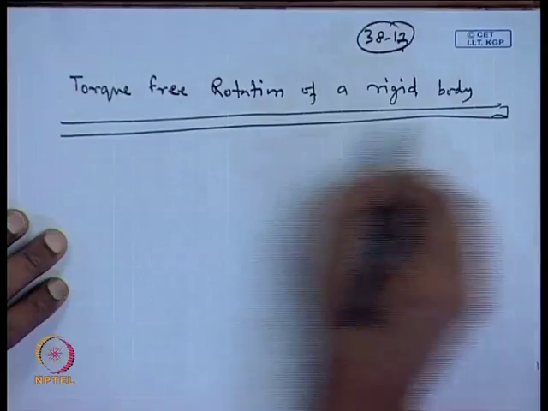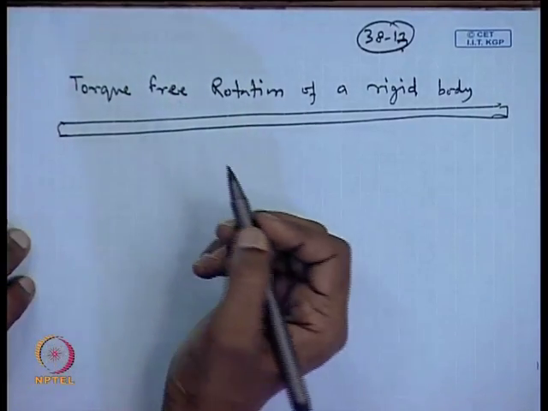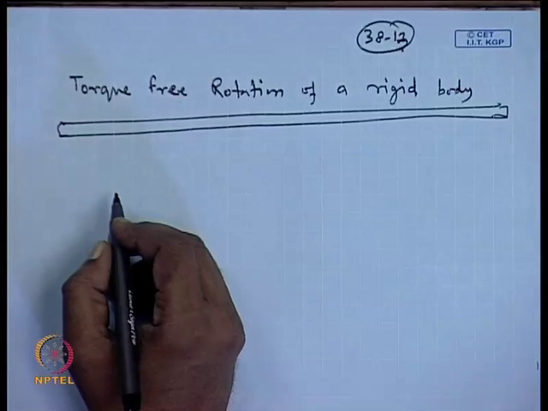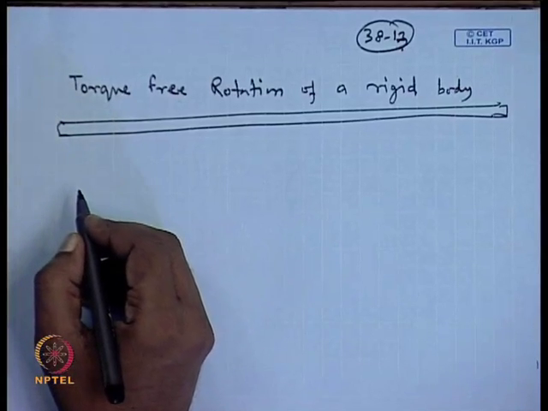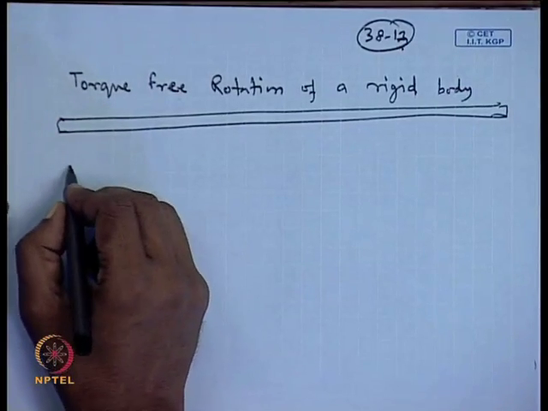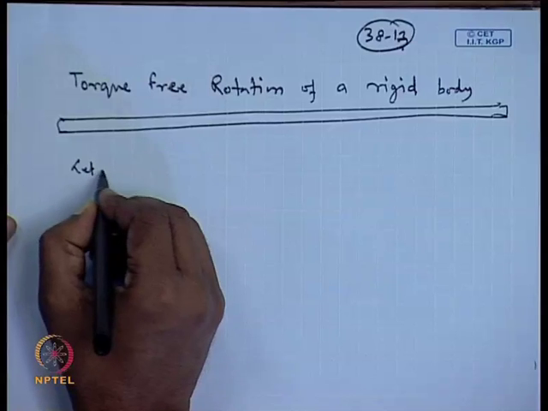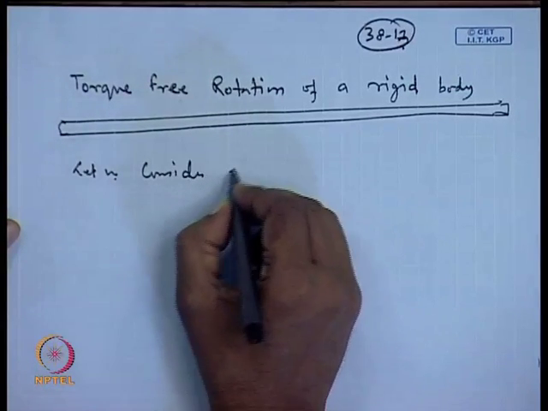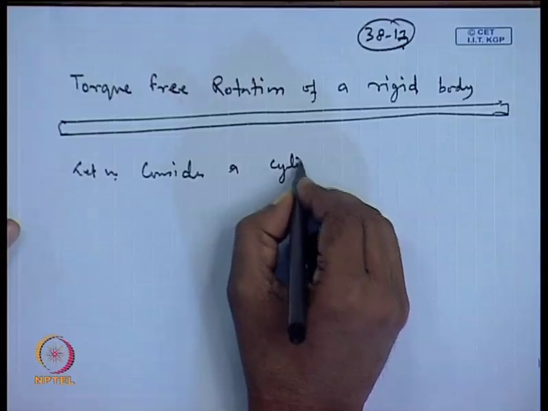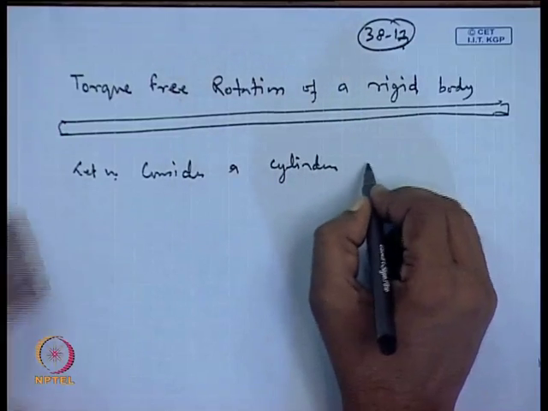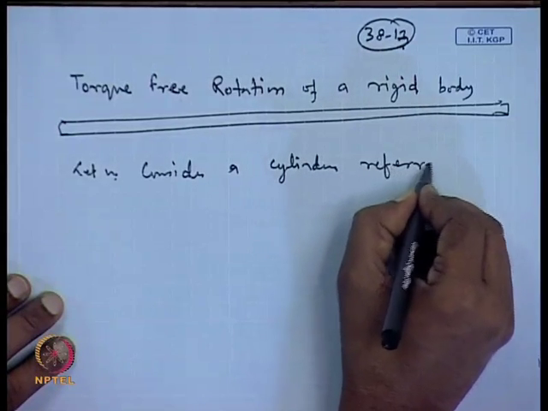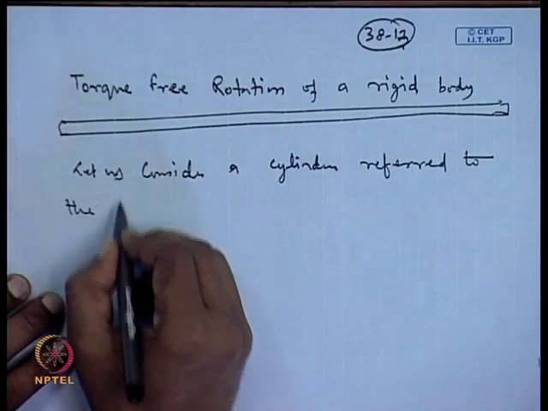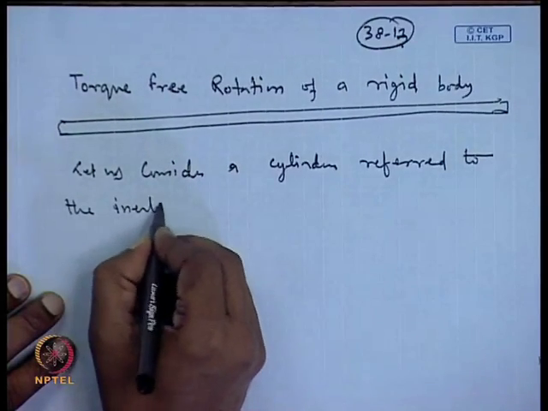We will look into the dynamics of a rigid body once it is torque free. So, let us consider a cylinder referred to the inertial reference frame.